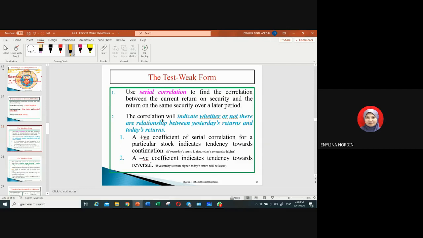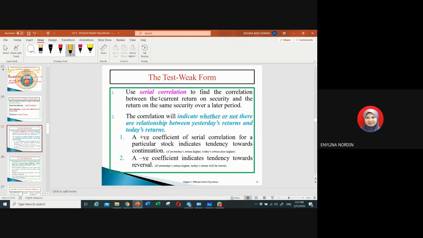That means, can we use yesterday's stock price in order to predict today's stock price, and can we use today's stock price to predict tomorrow's stock price? Can we do that? This can be justified by the serial correlation. We calculate the serial correlation.